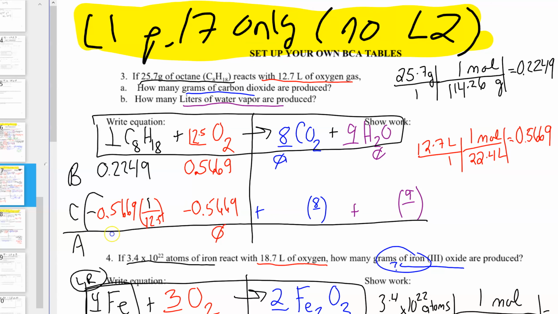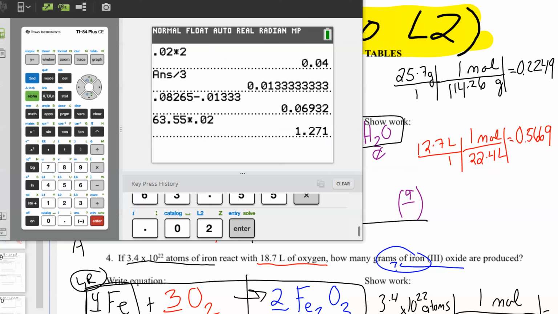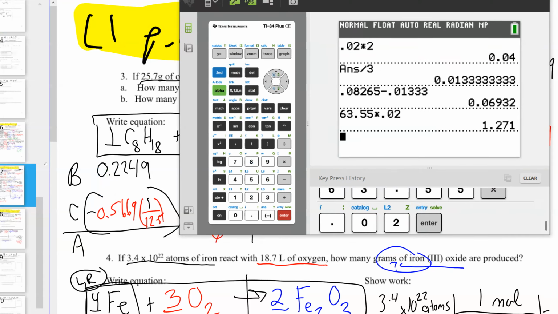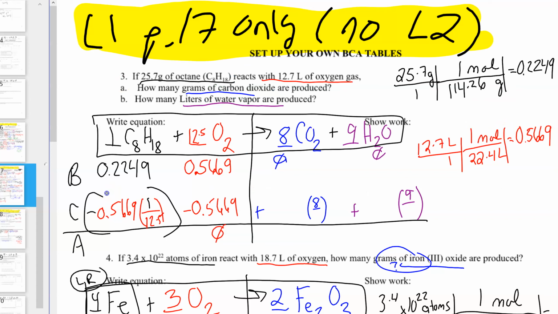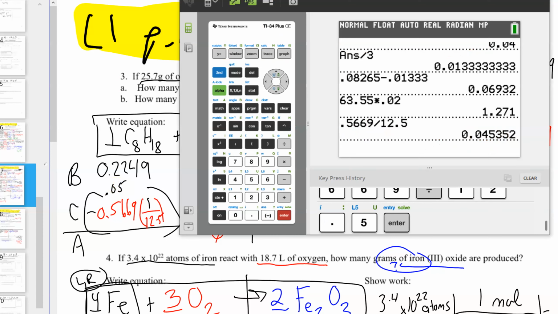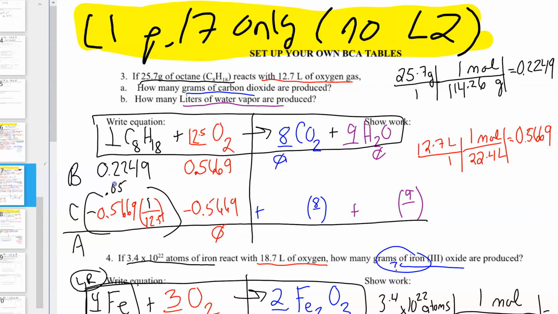And we want to get what this number is. So we have 0.5669 divided by 12.5, 0.04535. Okay, now looking at that first off, are we going to get a positive number?